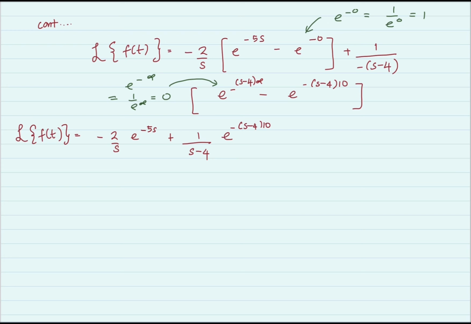Sorry, here is minus 1. If we expand, we get negative 2 over s e^(-5s), negative negative positive, plus e^(-10(s-4)) over s minus 4. So this is the answer.